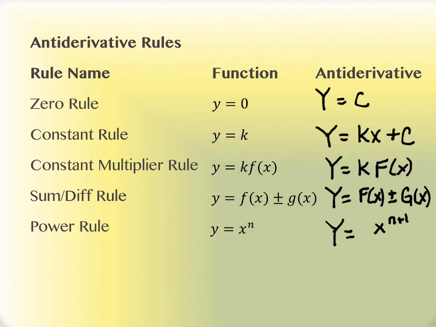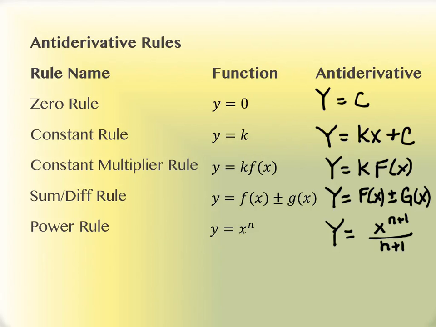The other thing we're going to do is, instead of dividing by the original exponent, we're going to divide by the new exponent. So we end up with x to the n plus 1 divided by n plus 1. There's division instead of multiplication. We increase the exponent instead of decrease it, and we divide by the new power instead of the original power.